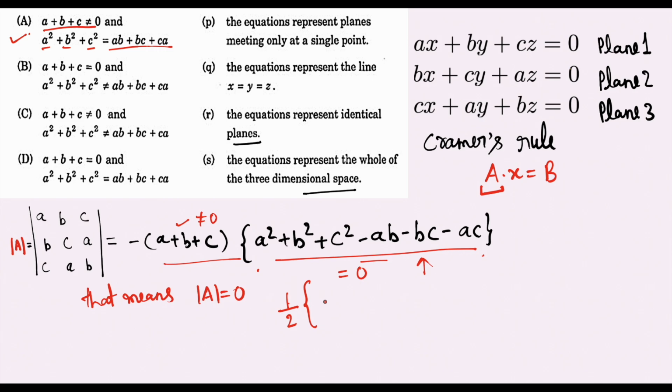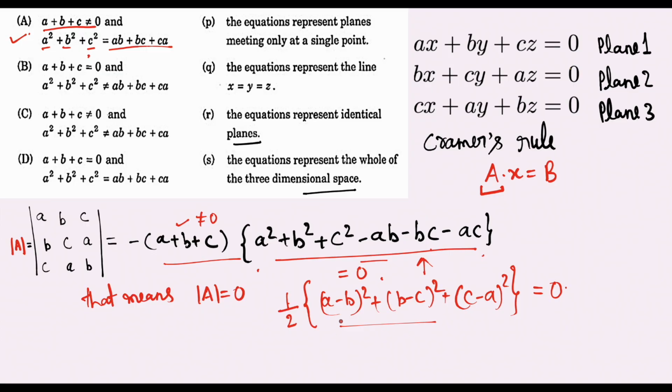So we are rewriting this factor as 1 by 2 times, in parentheses, a minus b whole square plus b minus c whole square plus c minus a whole square, which is 0. And so we can conclude something important from here.